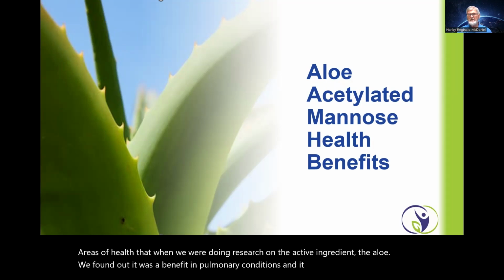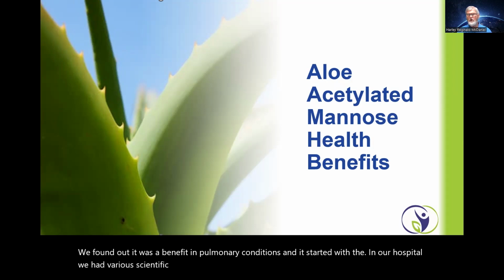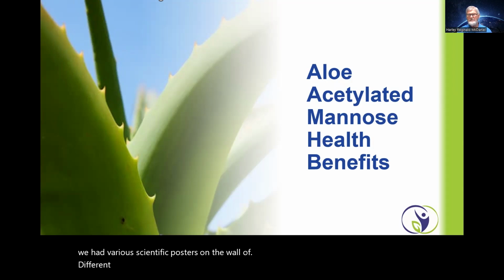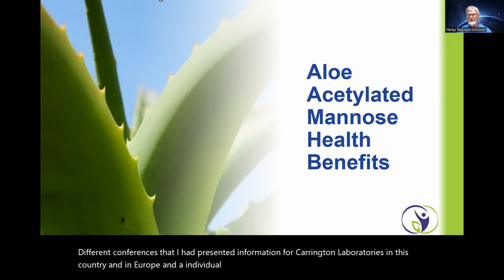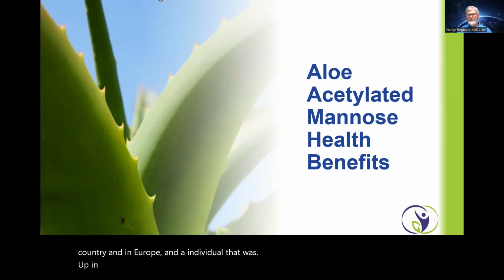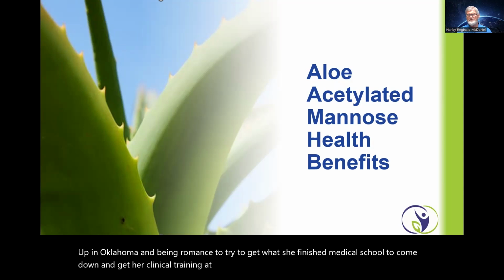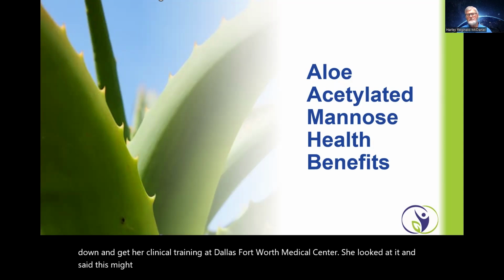And it started with, in our hospital, we had various scientific posters on the wall of different conferences that I had presented information for Carrington Laboratories in this country and in Europe. And an individual that was up in Oklahoma and being romanced to try to get, when she finished medical school, to come down and get her clinical training at Dallas-Fort Worth Medical Center, she looked at it and said, this might be a benefit to Rosie.